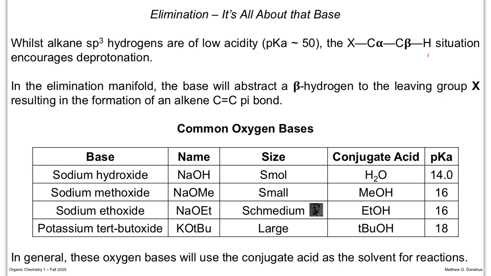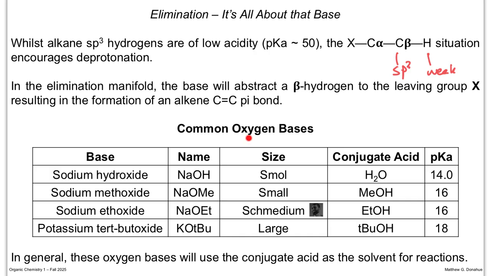So even though these type of hydrogens are weak acids, the fact that we have this arrangement where the leaving group kind of increases the acidity of that, we can use fairly weak bases to do these deprotonations.